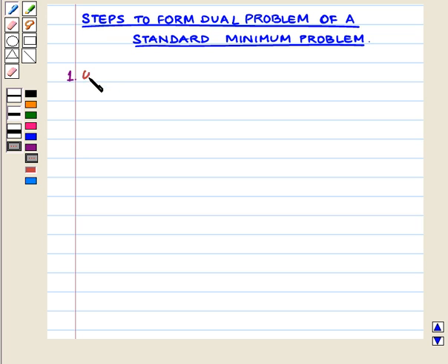First, write the augmented matrix A of the minimum problem.